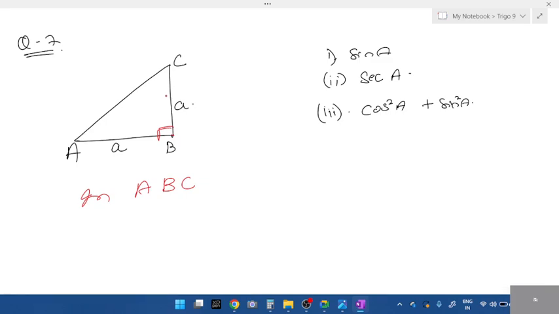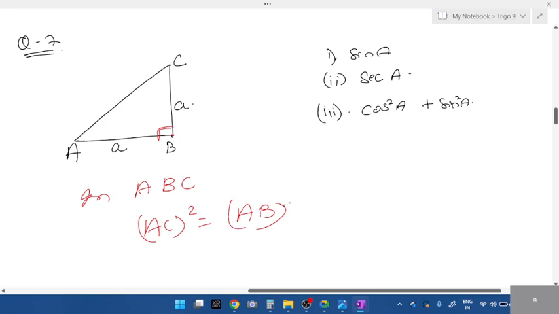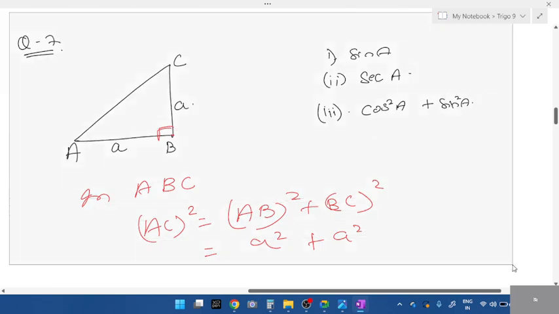This is a right angle, AC is missing. What is the hypotenuse, students? Opposite to 90 degrees, AC is the hypotenuse. AC square is equal to AB square plus BC square. AC square is not given, A square plus A square. How much is A square plus A square?